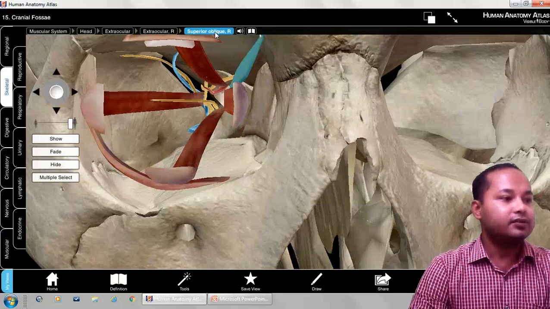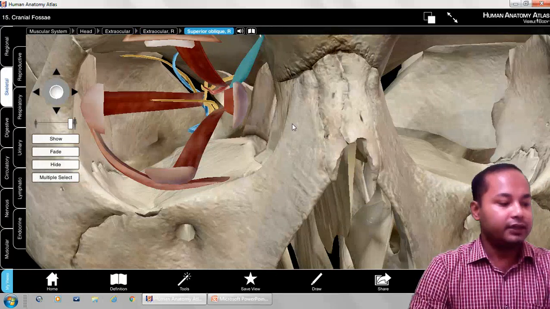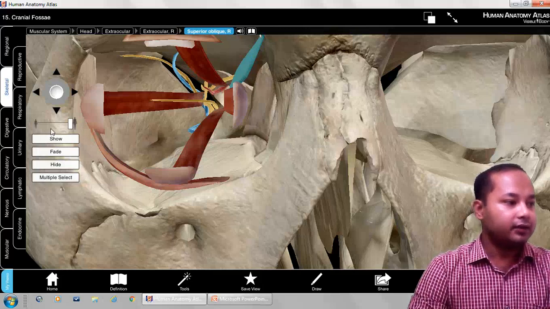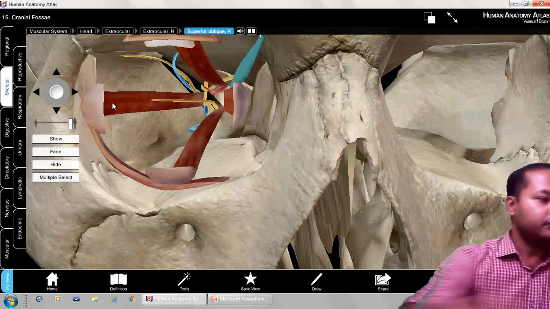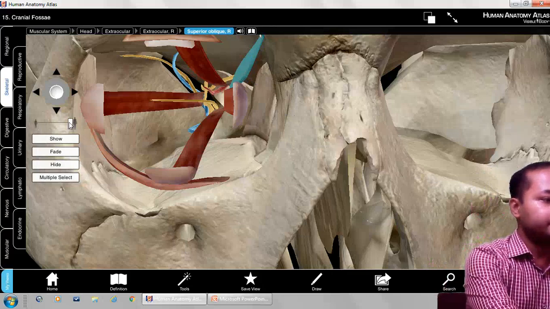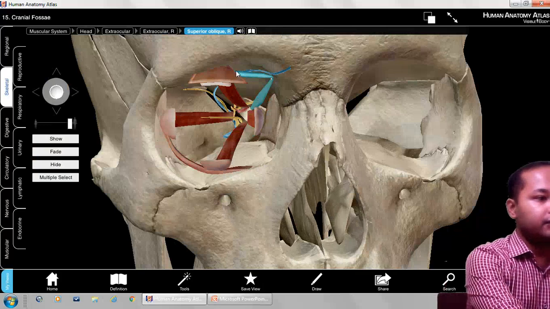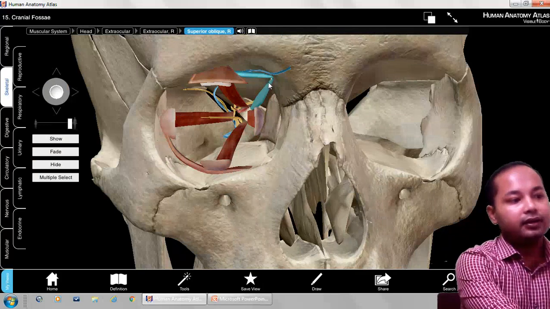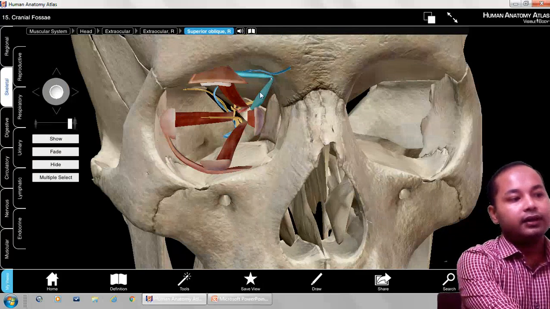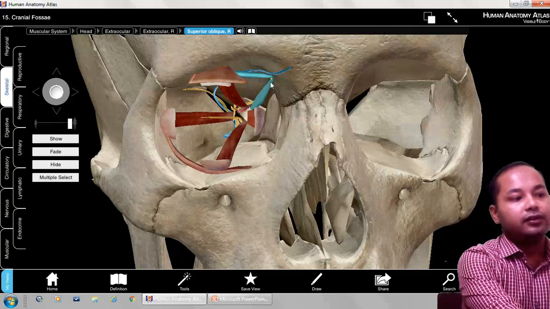This one is called the superior oblique muscle. If you zoom out a little, you can see that it is forming a pulley, or trochlea, by attaching to the surface of the lesser wing of the sphenoid.